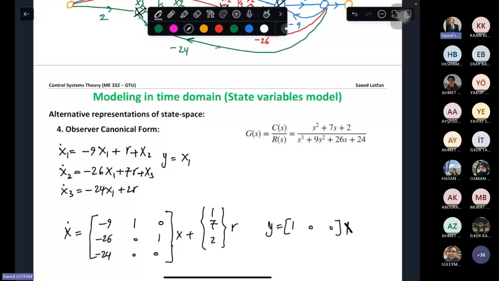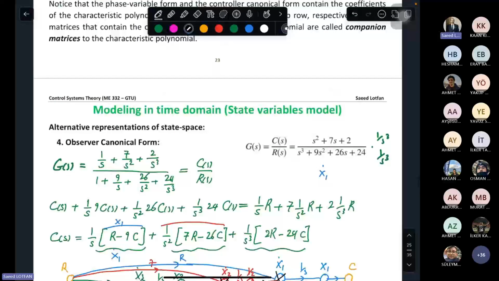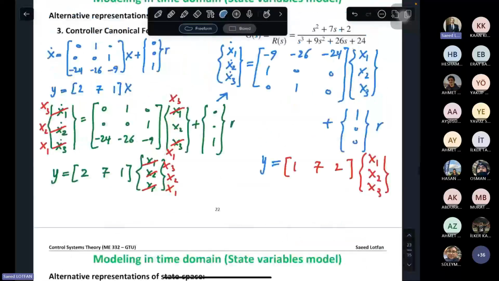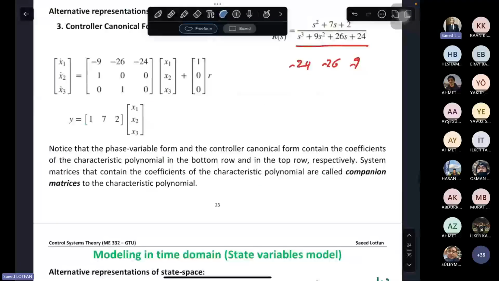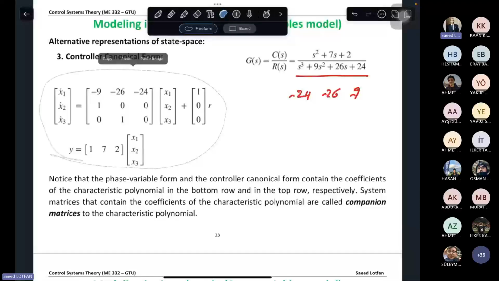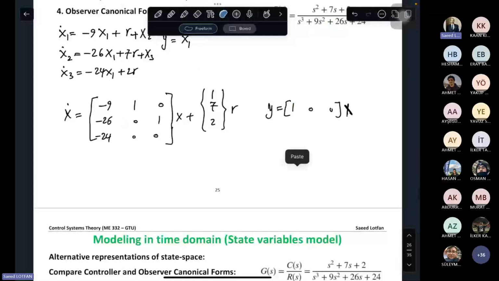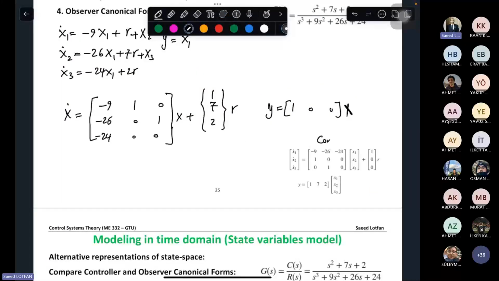And y is 1 0 0 times x. If you compare it to the controller form, this one was the controller form. Let me copy and paste here. This is the controller form.